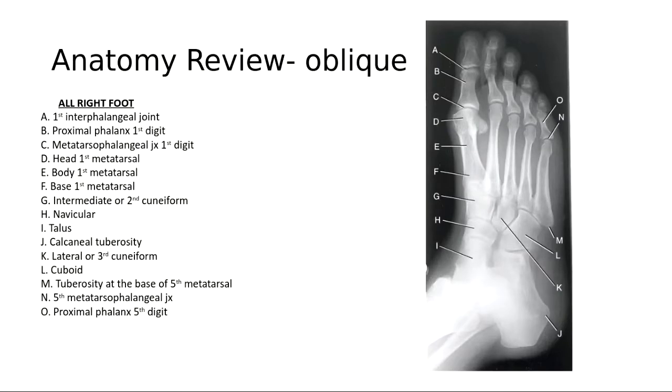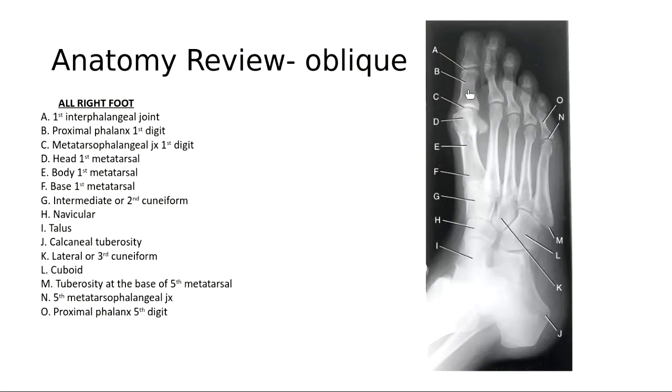When we look at the oblique foot, as far as the anatomy, much more anatomy on this, but when you look at letter A, this is the first interphalangeal joint. Okay, the first digit only has an IP joint. B represents the proximal phalanx of the first digit, and this is all a right foot. So it would be right first interphalangeal joint, right proximal phalanx, first digit.